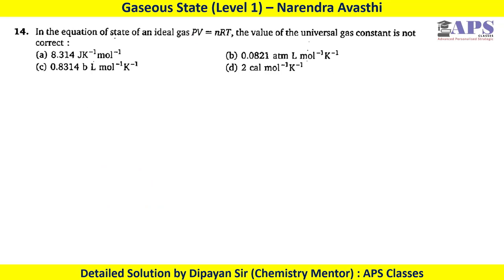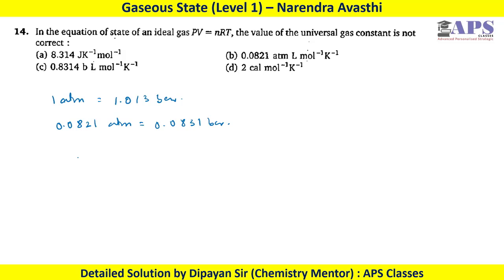In question number 14, as we know, 1 atm is nearly 1.013 bar. So 0.0821 atm will be 0.0831 bar.